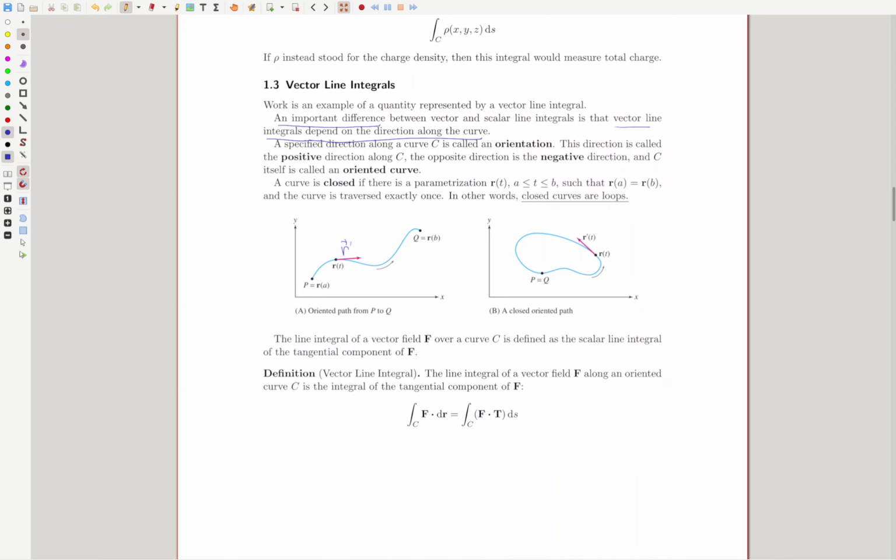So the idea is that what you want to capture is how much of your vector field is in the direction of your curve. You're trying to capture that commonality. And so the way you do that is you end up taking a dot product with the tangent vector to the curve. I should have a picture of that below.